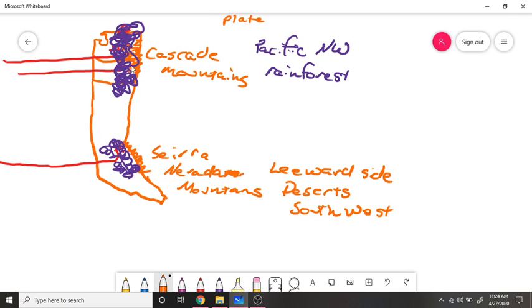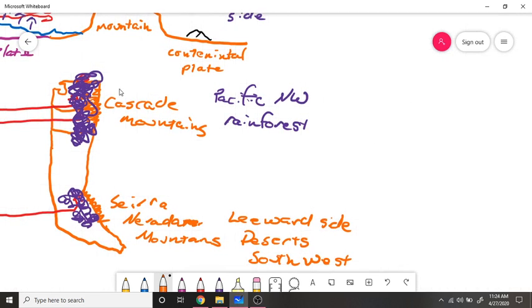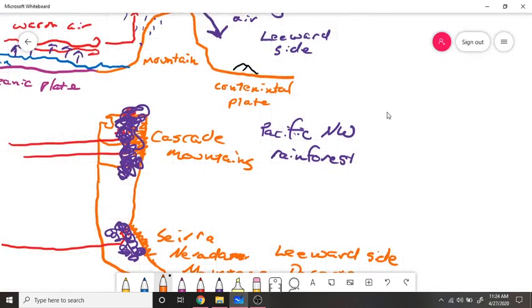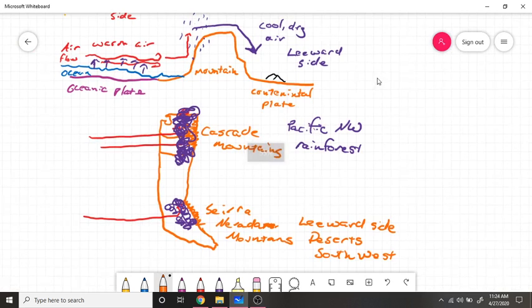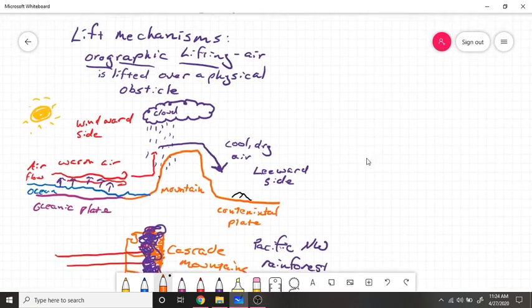And up here in the northern part of the Pacific Northwest, on the leeward side, there are drier growing conditions. So there is an example of how a geographic physical obstacle affects airflow and local weather.